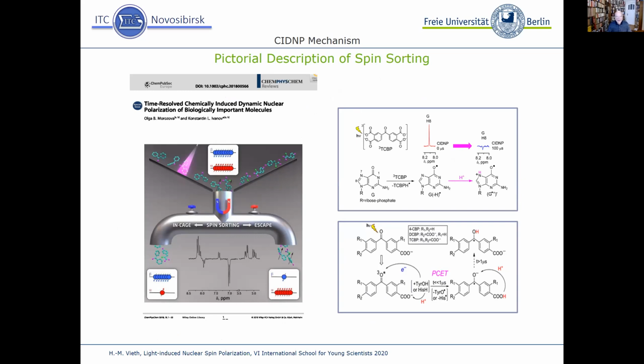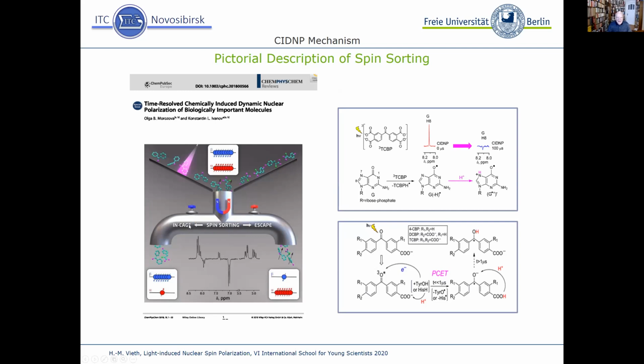This is excited, creates a triplet excited state. Then they react, form electron transfer. You have a dye and a quencher radical. Then you have your spin sorting process, which I try to describe.